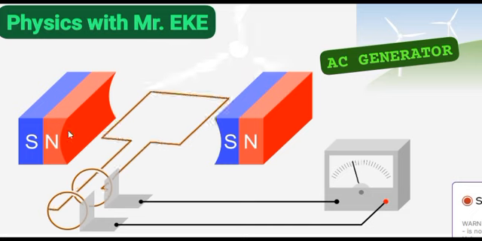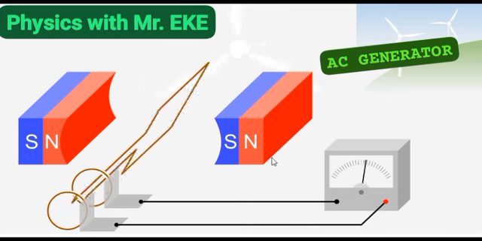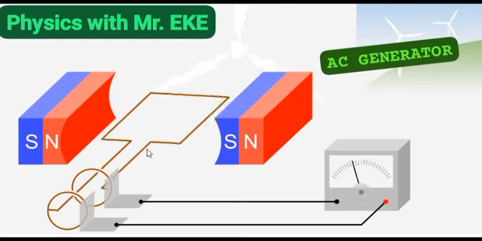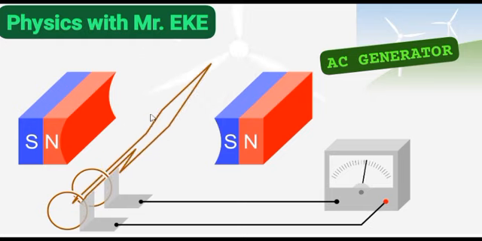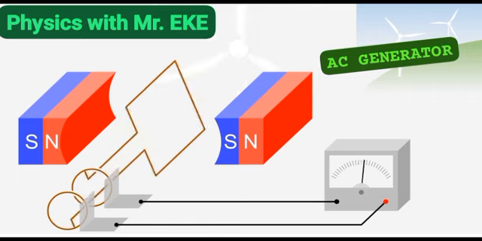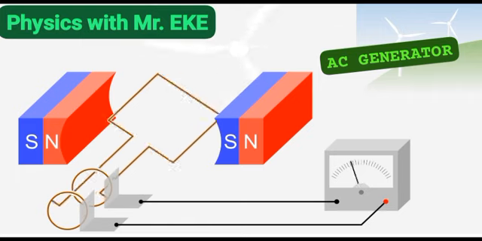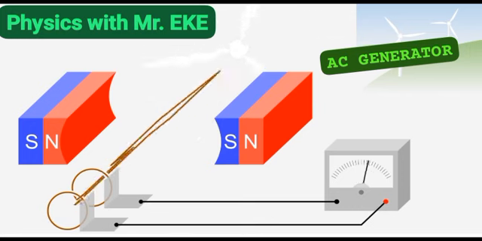If you look at it here, I have a magnetic field which moves from the north to the south. Then I have the rotating coil. You can see the coil moving here. Let me make it stationary for a while so that we get used to the parts first before we start.